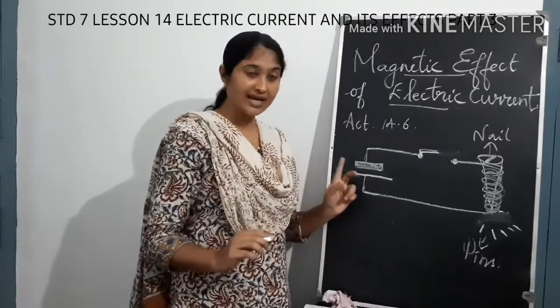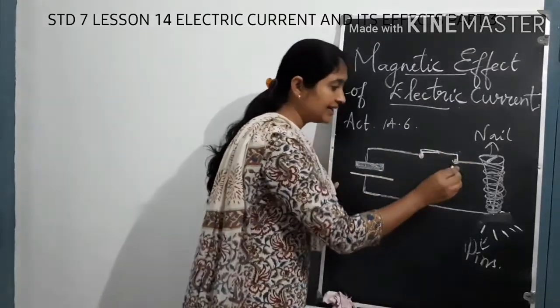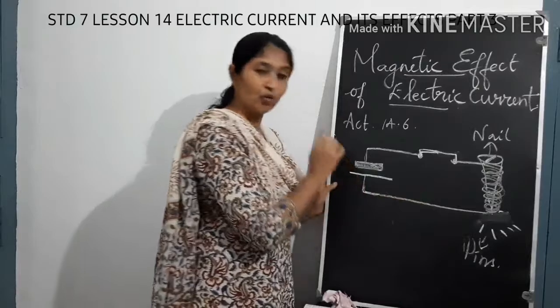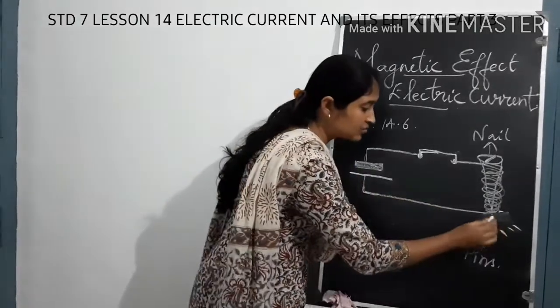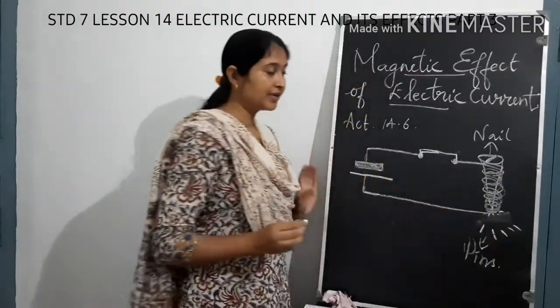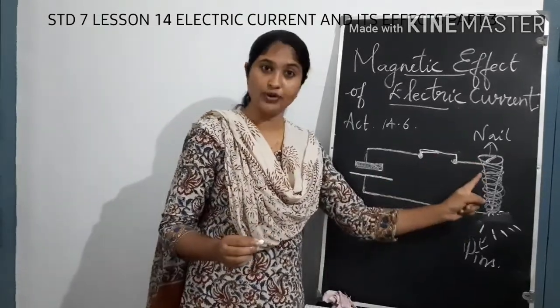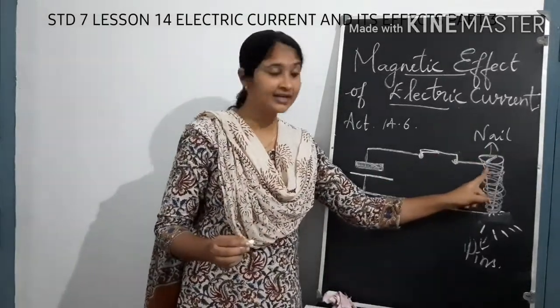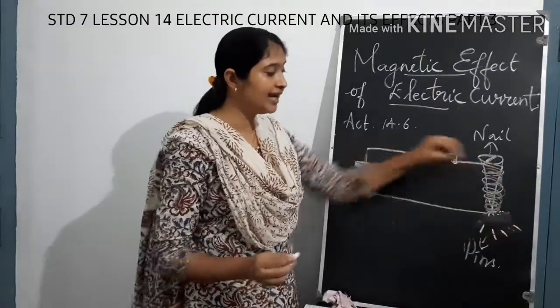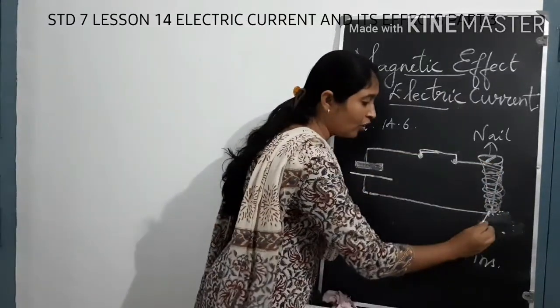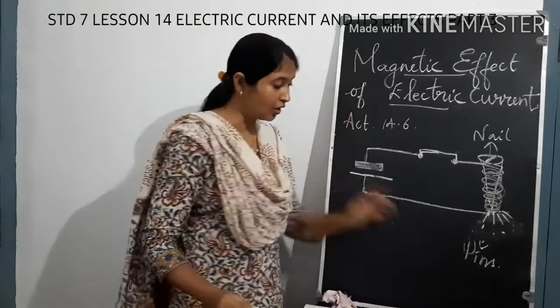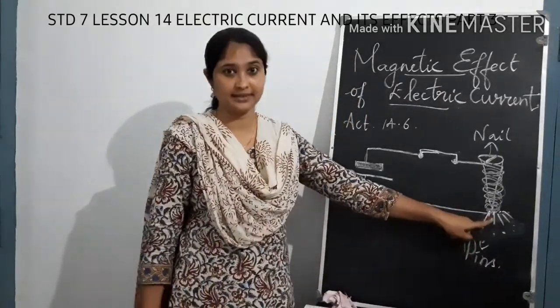So we know that when it is connected, when the electricity is flowing through this, all the pins will be sticking here. That is because this nail, when electricity is flowing, acts as a magnet, so it will attract all the pins over here.